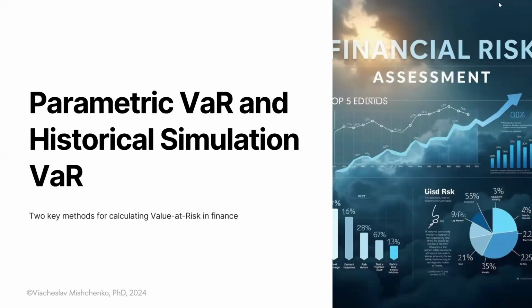Today we are going to proceed with market risk assessment from the previous lecture. This class will be devoted partially to market risk estimation, and we will start credit risk management as well. The first topic we will go through is parametric value at risk and historical simulation value at risk. We have already studied the concept of value at risk.